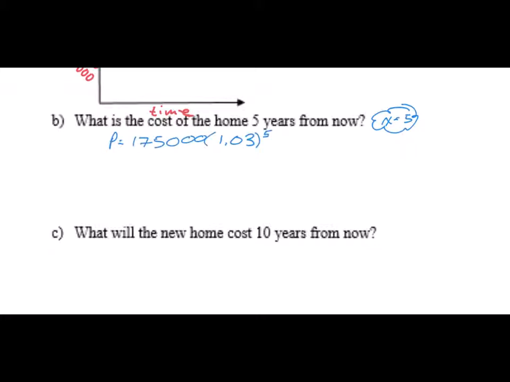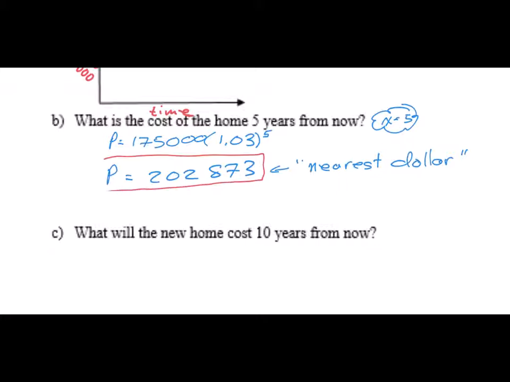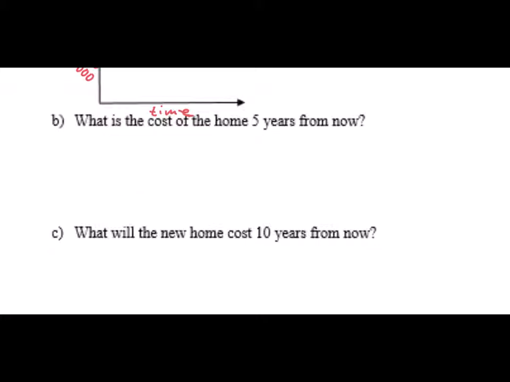Punch that in, and you're going to get this as your answer. Unless I say otherwise, give me the answers to the nearest dollar, because as a homeowner you don't really care about the cents. What we do care about is the dollars that I make out of my home sale.